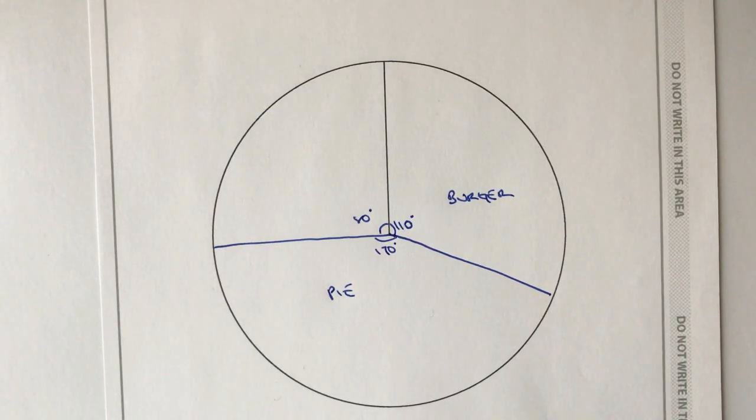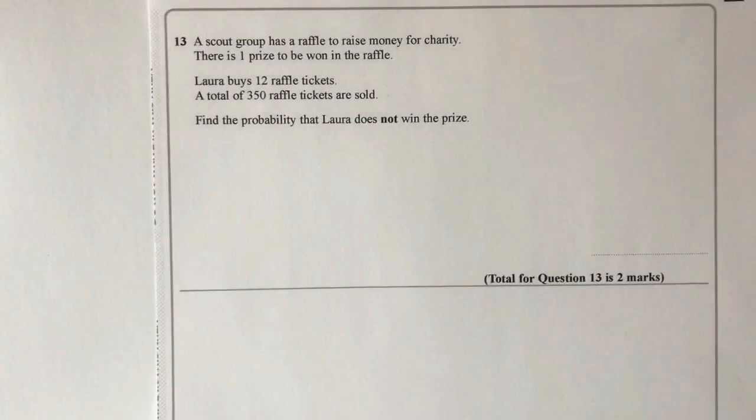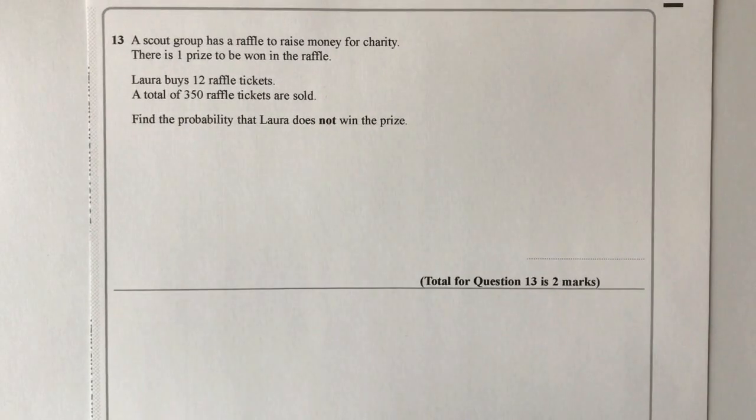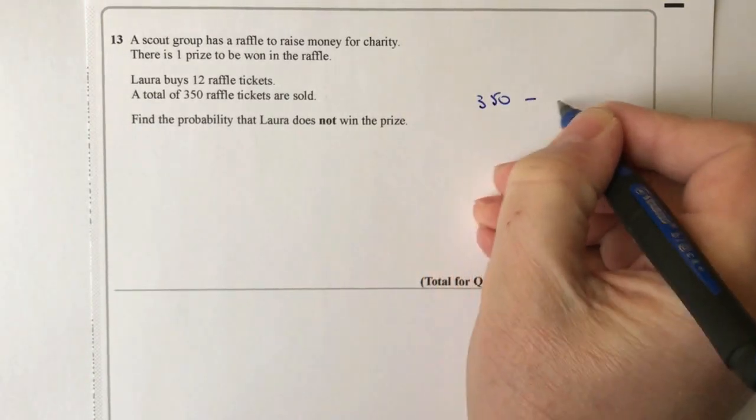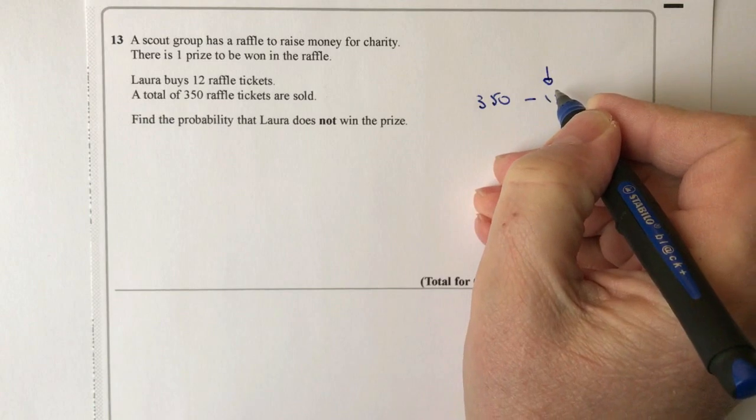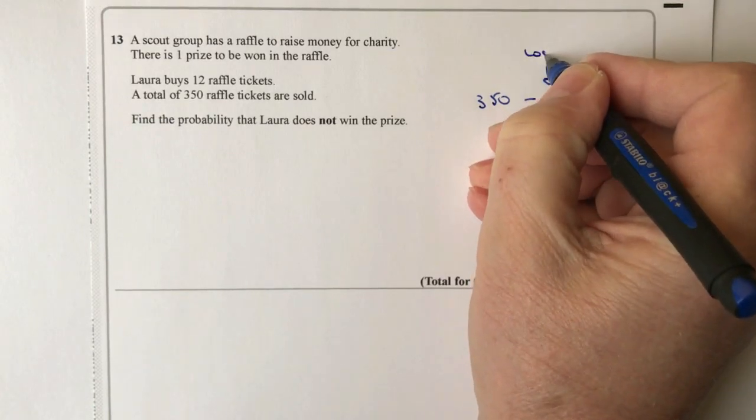So let's move on then to question number 13, which deals with probability. A scout group has a raffle and they're raising money. There's one prize to be won in the raffle. Laura buys 12 tickets. Find the probability that Laura does not win the prize. Well, in that case, if she's bought 12 tickets, then the 12 tickets that she bought are all losing tickets.